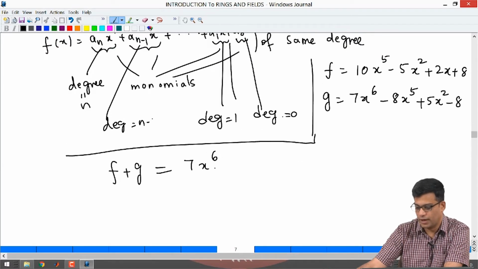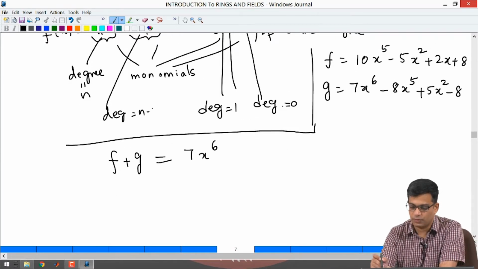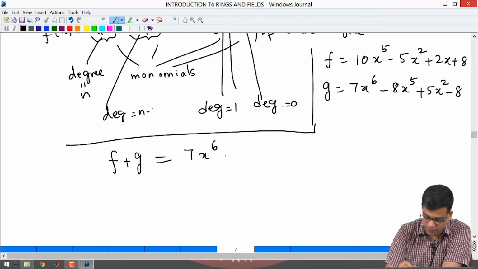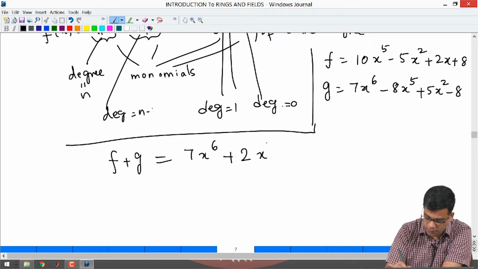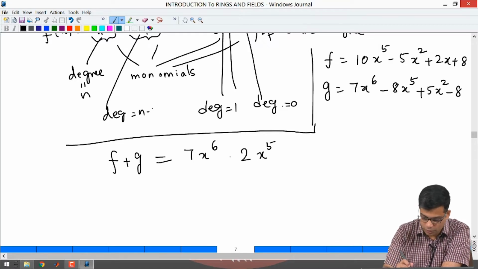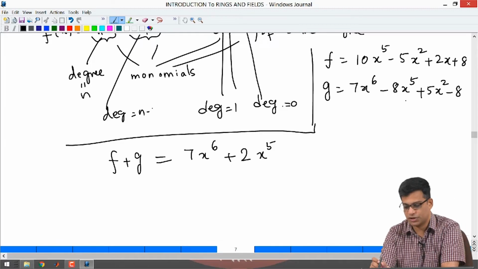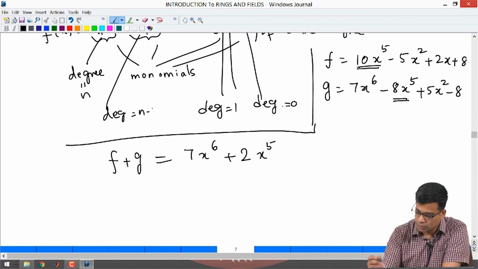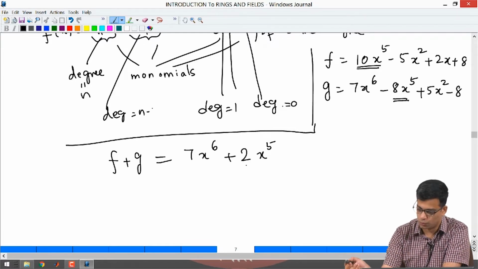Now, to add the next monomial, x^5 is common to both, so it will be 10x^5 minus 8x^5. We add the coefficients of like terms. So 10 plus minus 8 is 2, that is 2x^5.